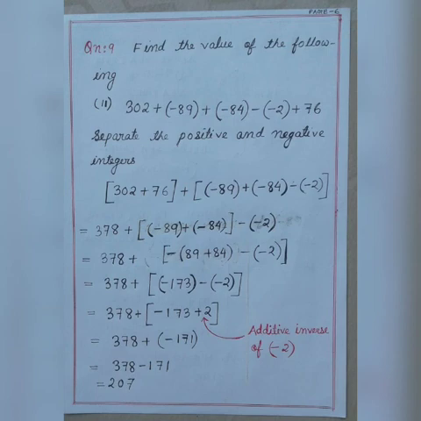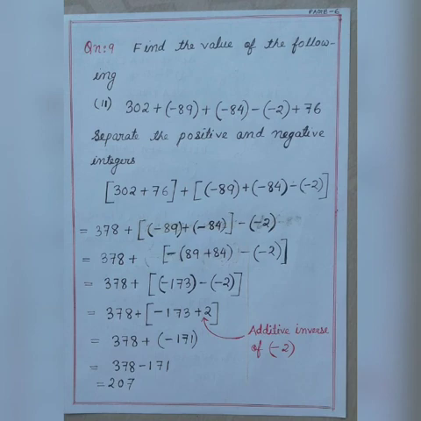So I have to add the negative integers 89 and 84, then subtract minus 2. So 89 and 84 both are negative numbers, so sum of these two negative numbers will be minus 173. Then I have to subtract minus 2 from minus 173.